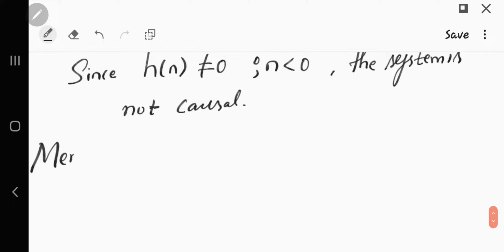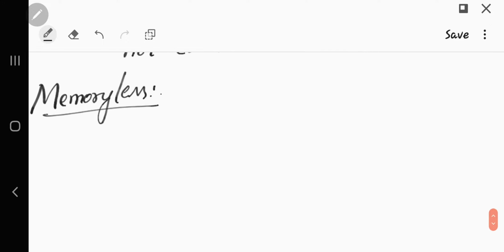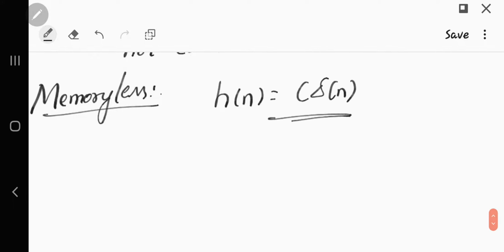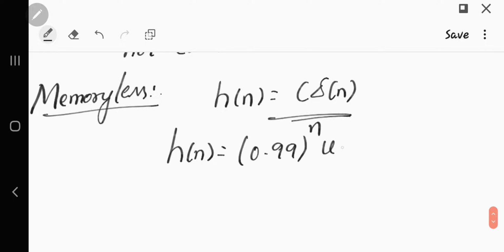And if we check for memoryless, given the condition, the impulse response should be of this form, then only the system is said to be memoryless. So given h of n is equal to 0.99 to the power of n into u of n plus 3.